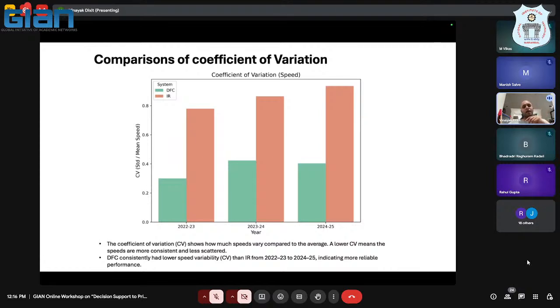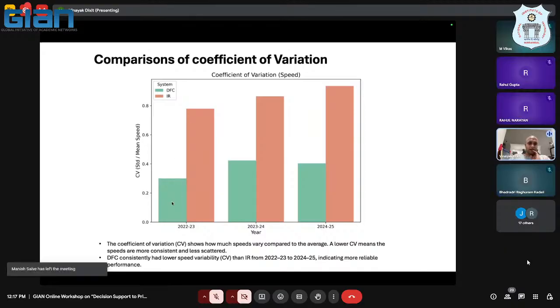Then we looked at the coefficient of variance. What is a coefficient of variance? Basically, it's standard deviation divided by mean speed. So it's telling you, given a mean speed, what is the standard deviation? You want the mean speed to be high, but the standard deviation to be low, right? So generally you want your coefficient of variance to be going down. Standard deviation should be lower for the same mean speed.